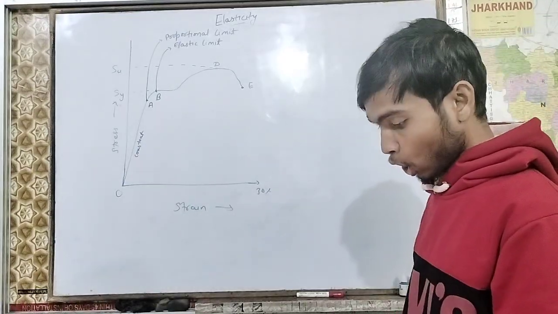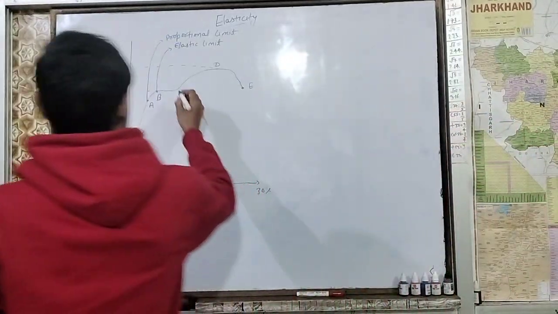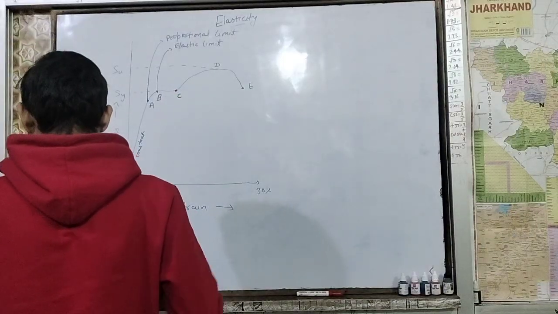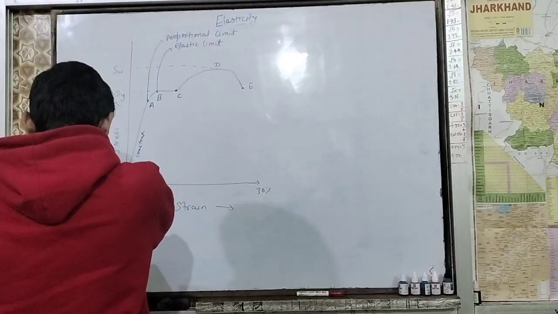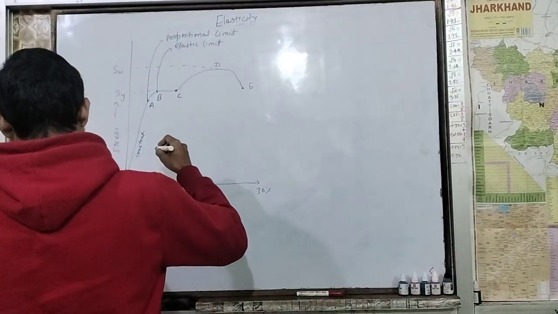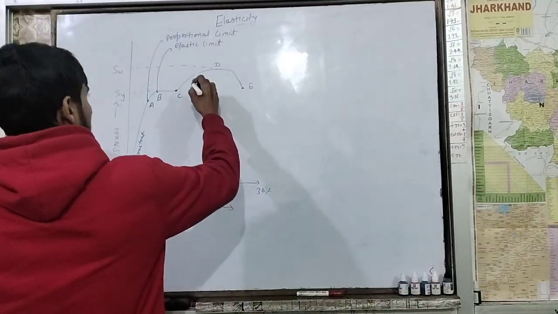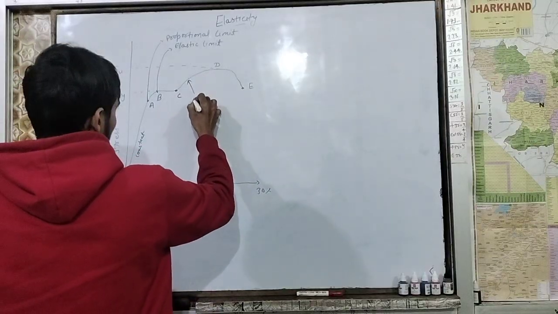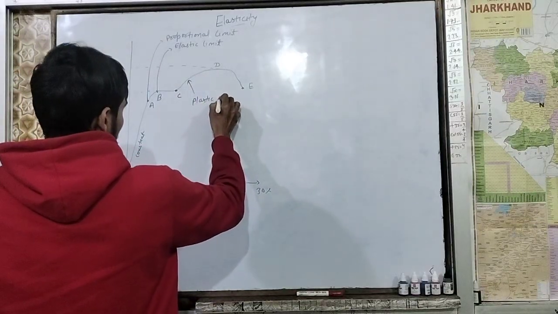Okay. From B till this is the C point. This curved line is our plastic behavior.